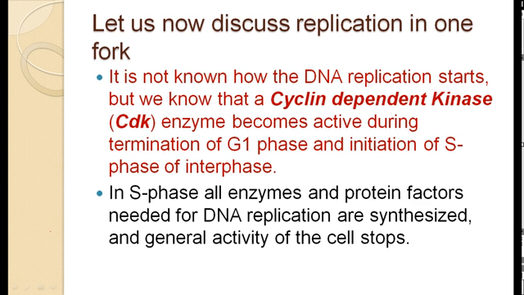It is not known how the DNA replication starts, but we know that at the end of the G1 phase of interphase, cyclin-dependent kinase enzyme becomes active. This enzyme changes the phase, that is, it stops all normal metabolism of the cell, and all such genes become on that are related to DNA replication.